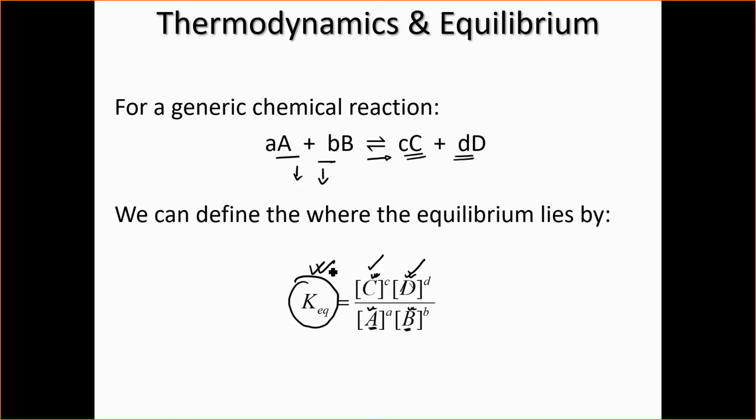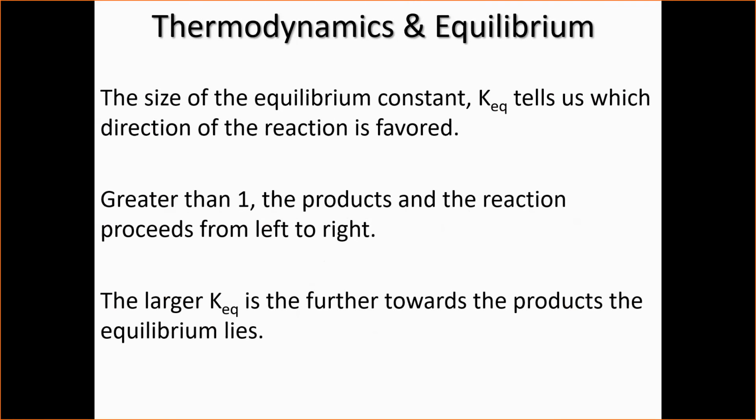If more product is formed, the concentration of the product will be high and the concentration of the reactant will be low. So whenever a reaction is favorable, the equilibrium constant is always higher.